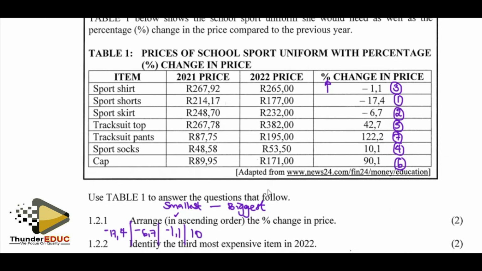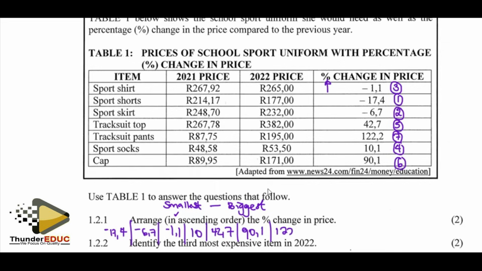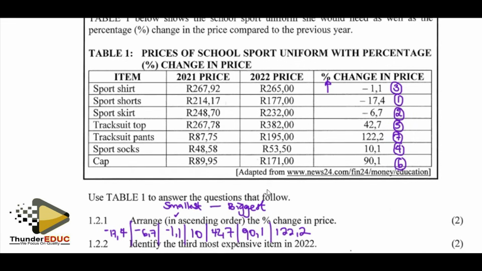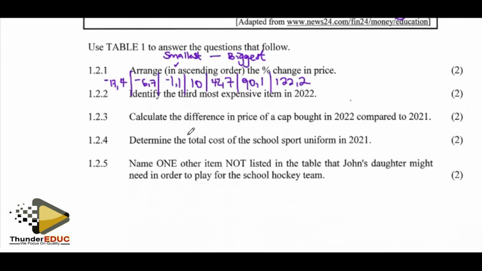We have a 10, 42,7. Then we have 90,1. And at last we have 122,2. That's the ascending order.